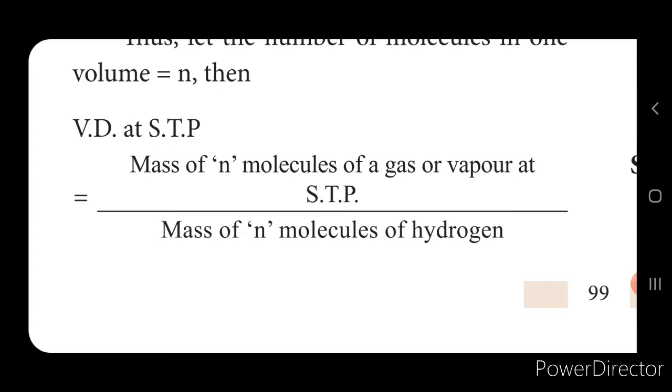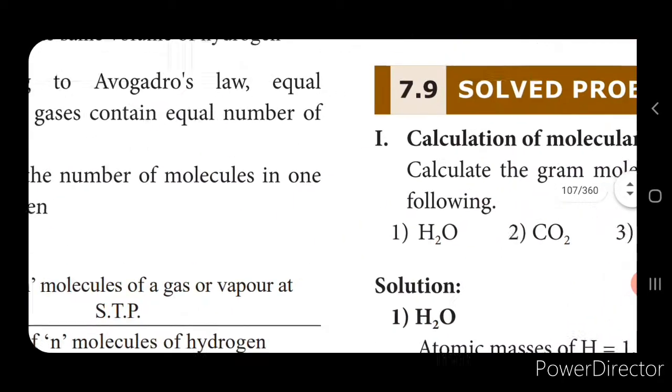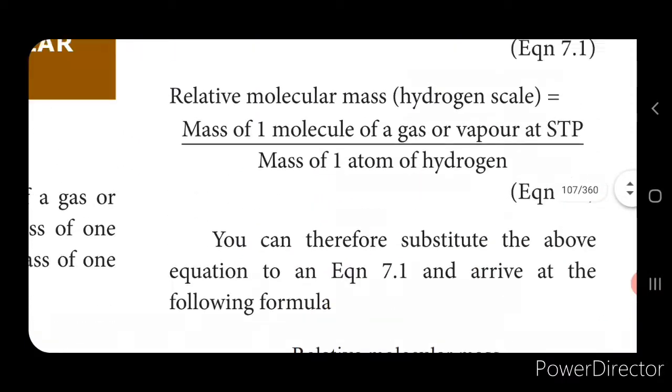So in the equation, mass of given volume of gas divided by mass of same volume of hydrogen, I can substitute the number of molecules instead of volume. Say, for example, N molecules of the gas are present. I can represent the vapor density as the mass of N molecules of gas at STP divided by the mass of N molecules of hydrogen. So we are comparing it with hydrogen, isn't it? And now see this equation, children.